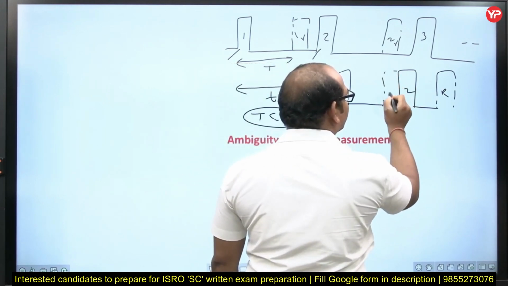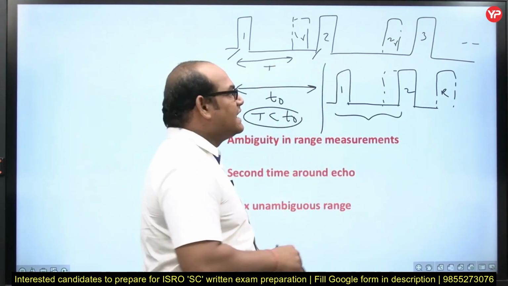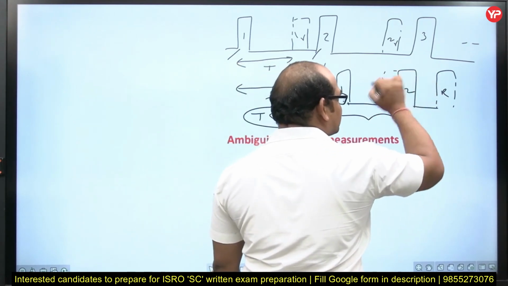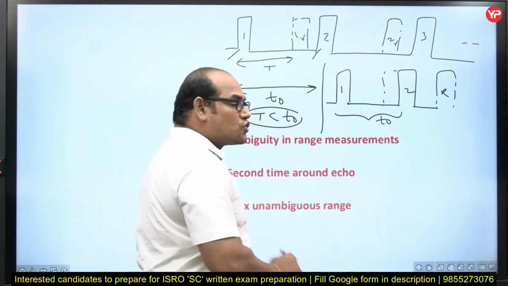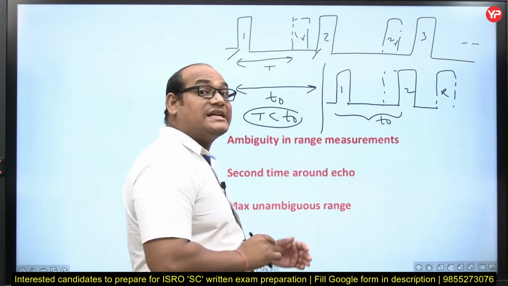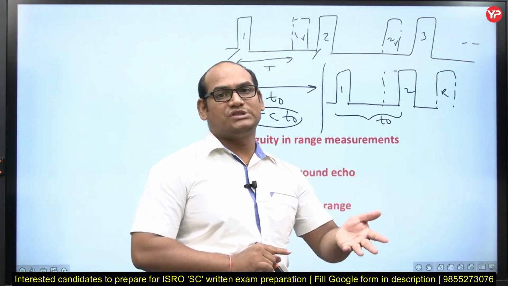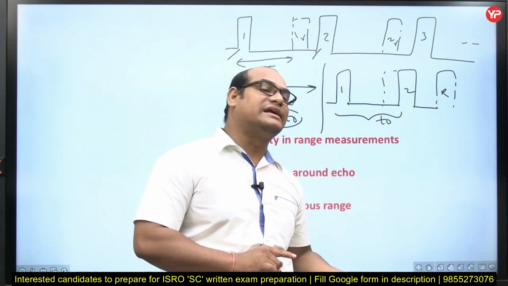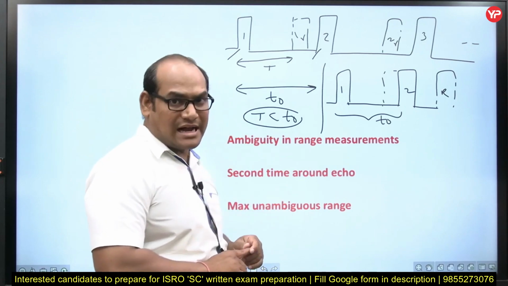If you have the reflection at this particular place, then we don't have any confusion. This is ended, then the second pulse is generated. So how much maximum can we take here? The time is T naught. With this T naught, if you calculate, that is the maximum unambiguous range. Without any confusion, whatever the maximum range we can calculate is nothing but with this particular time.